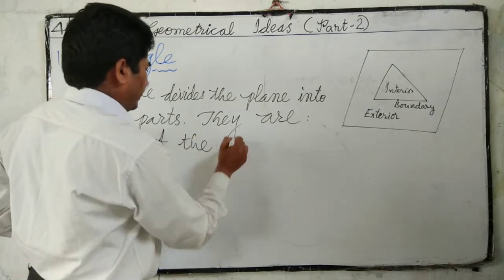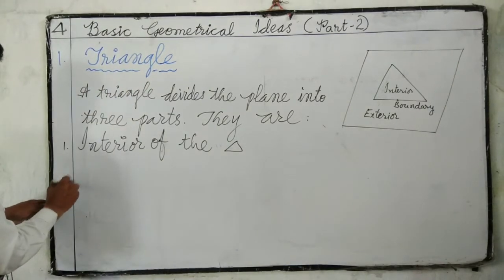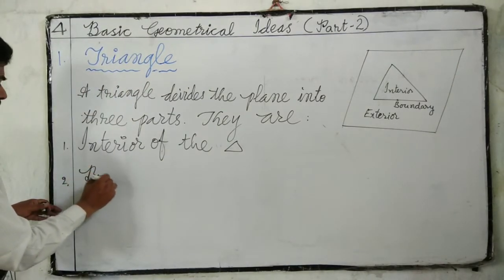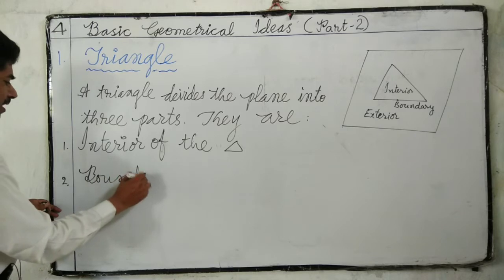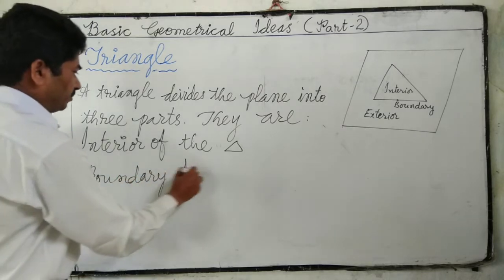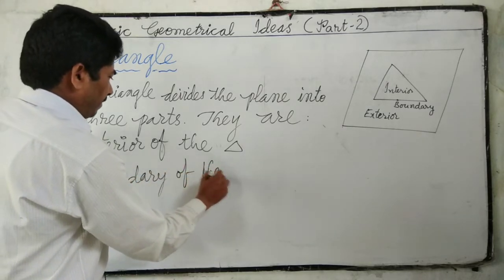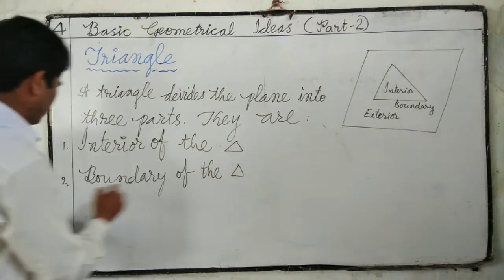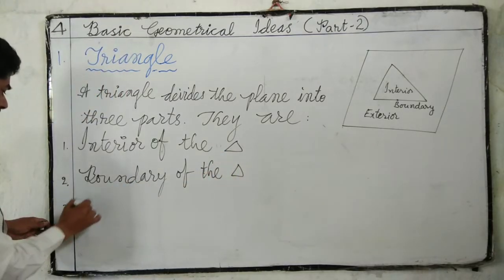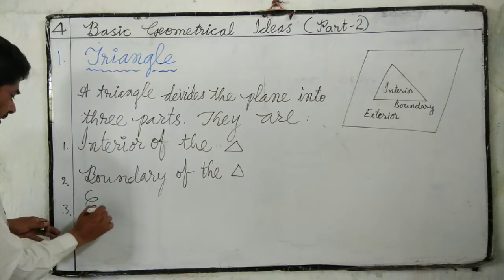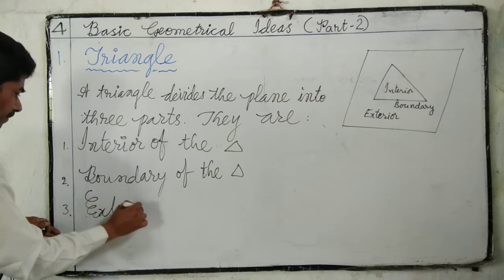Second, boundary of the triangle. Third one, exterior of the triangle.